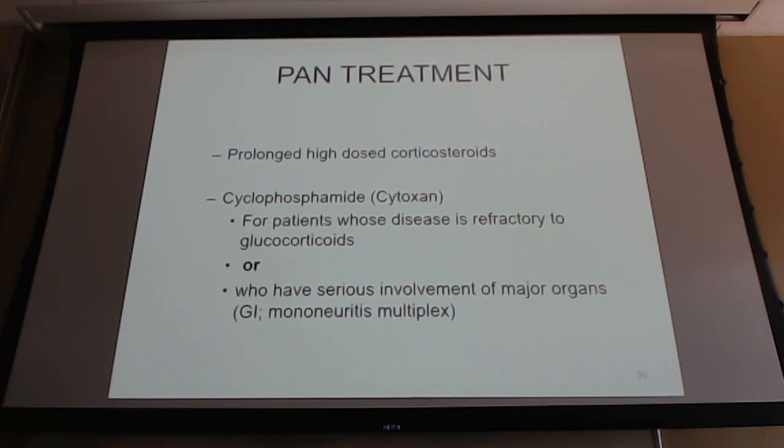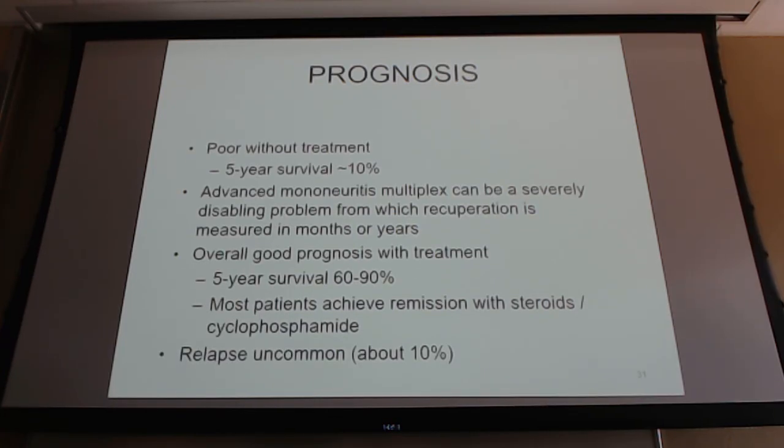PAN treatment, we use prolonged high-dose corticosteroids. However, if those things aren't working, then we can jump into cyclophosphamide for patients whose disease is refractory to glucocorticoids. So PAN, B, cyclo.